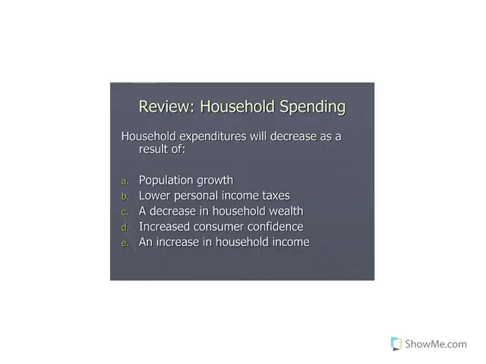Before we wrap up this part of the lecture, let's briefly review. Household expenditures will decrease as a result of what? Which one of these factors would actually cause household expenditures as a whole to decrease? Well, we know that an increase in population is going to cause household expenditures to increase, so that can't possibly be the correct answer.